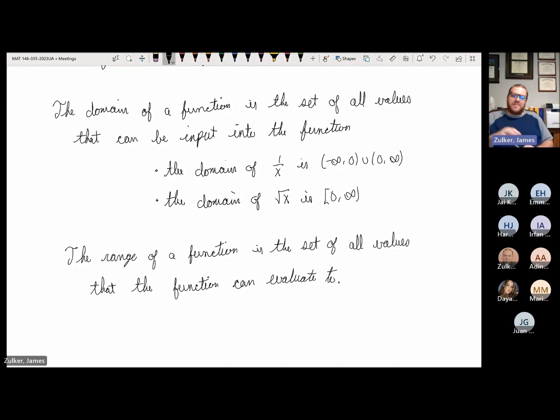Right? The range of a function is the set of all values that the function can evaluate out to.